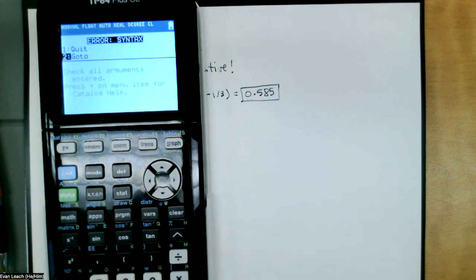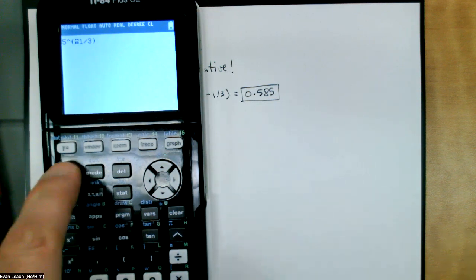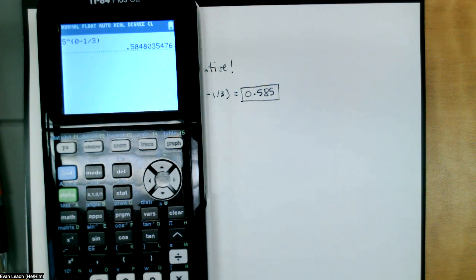And if we go to the error, it'll say, what am I supposed to do with this? I need to see something before that. Now it's happy because it says 0 minus 1. It's like, well, I can handle that. So that's negative 1 divided by 3, negative 1/3. 5 to the negative 1/3 is 0.585.